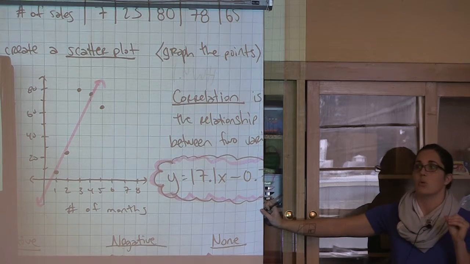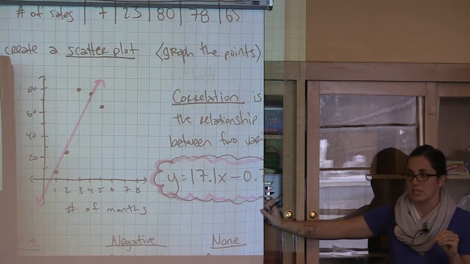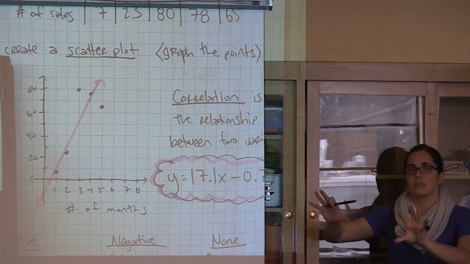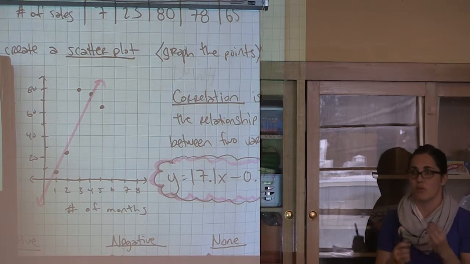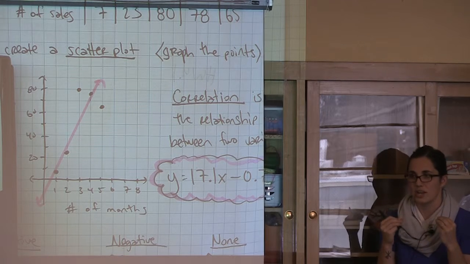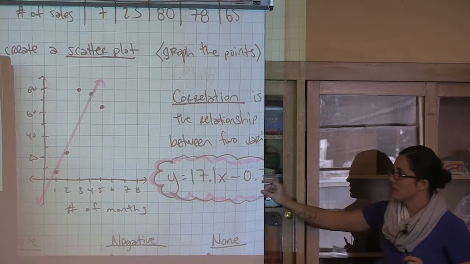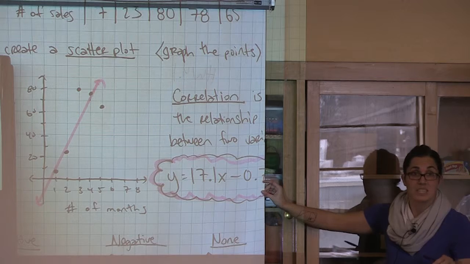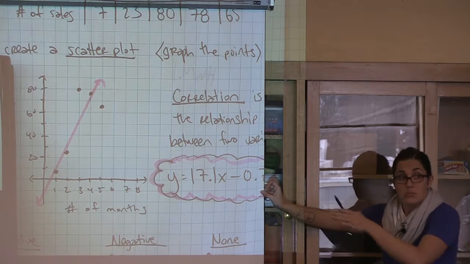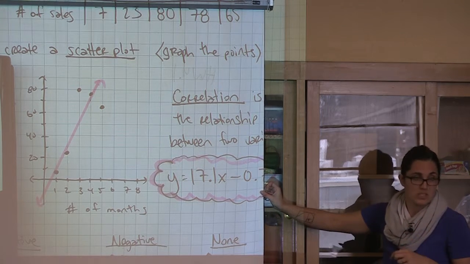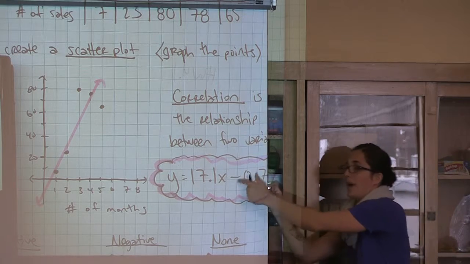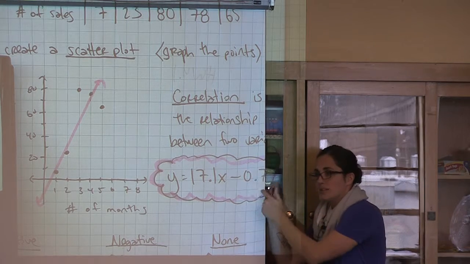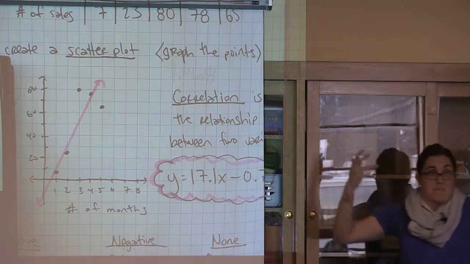Next question. What does that mean? Don't say random stuff yet. Just think for a second. Form a complete sentence in your head. What does this mean? This means that you write down your answer. The y-intercept is negative 0.7. What does that mean?